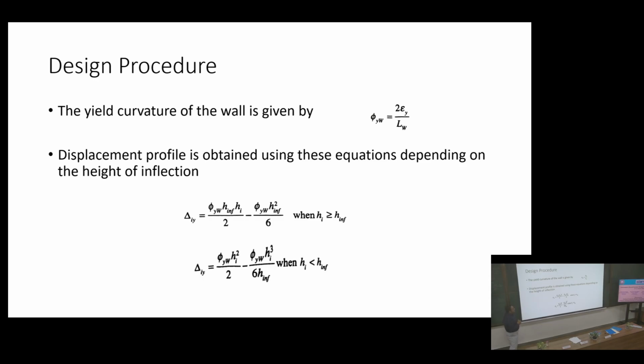So your delta I is divided into 2 now. You have delta IY, which is given by this equation if your height of the floor is equal or above the inflection point, and if your height of the floor is below the inflection point, that's your equation. So I'll give you a couple of minutes to note it down, and then we can move forward.